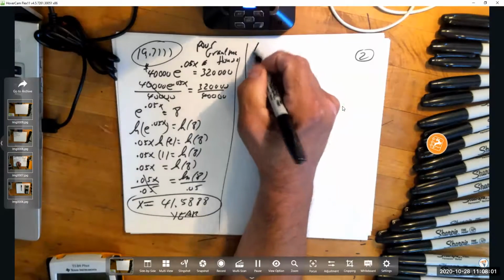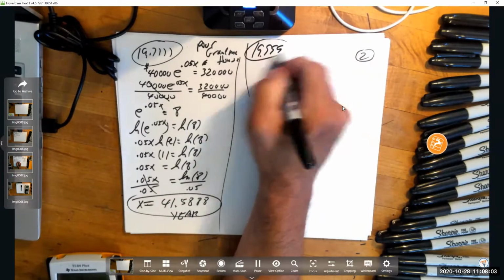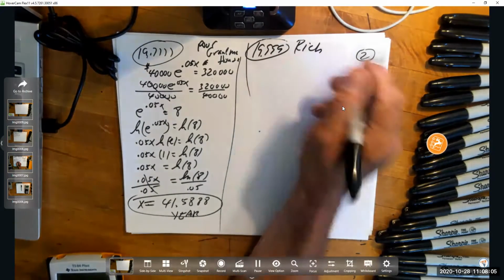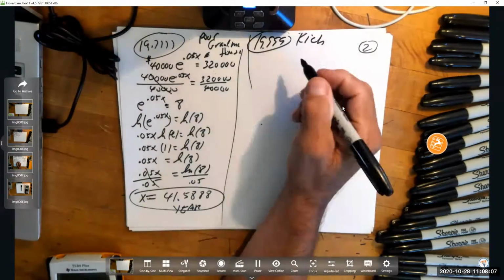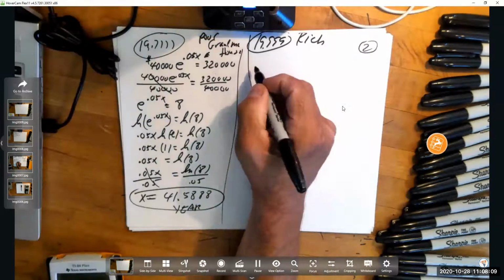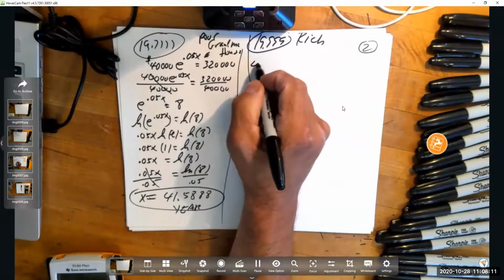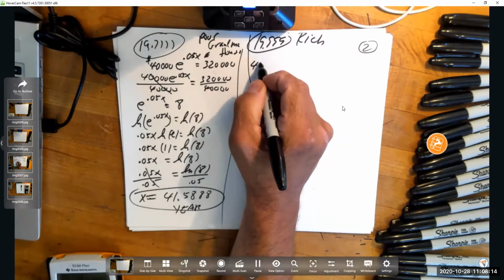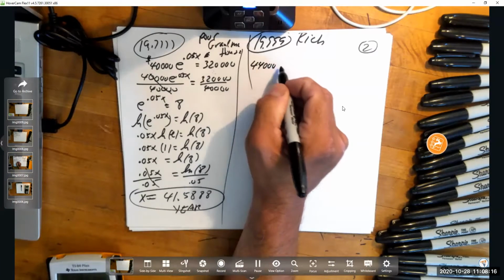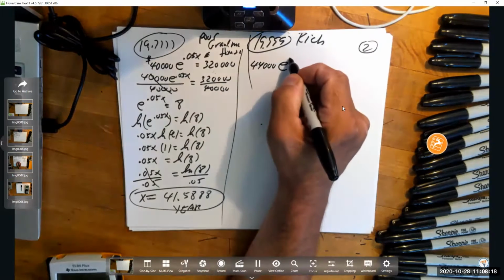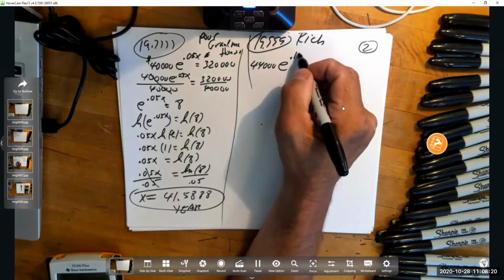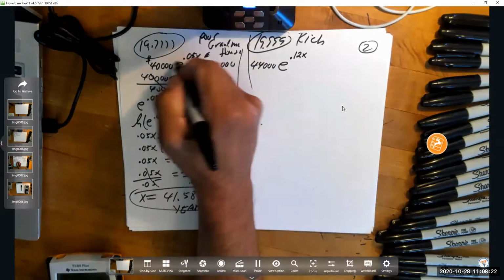So now let's go one more like this one. Let's go to the rich grandma house. All right, she bought a house also, and she paid more money. She paid 44,000 for her house. But in her neighborhood, it's faster, not 5%, it's 12%.